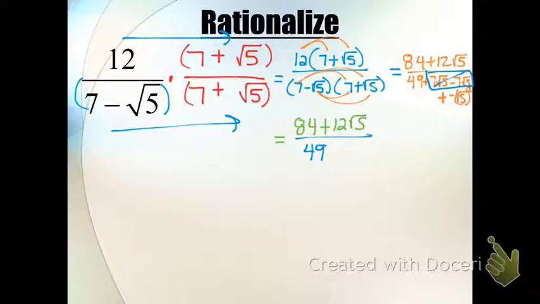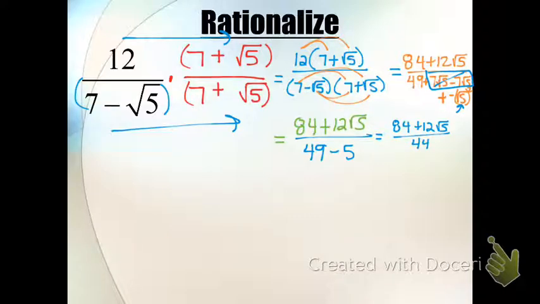And the root 5 quantity squared, remember a square root and squaring are inverses, so those cancel. And the square root of 5 quantity squared is just 5. And that gives us 84 plus 12 root 5 over 44.